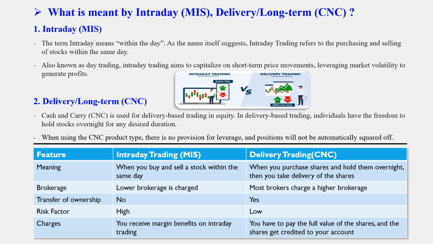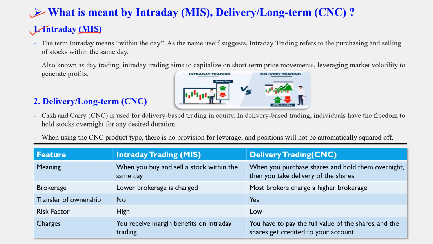So first, what is meant by intraday and delivery, meaning long-term. First let's start with intraday. Intraday is also called MIS. MIS means margin intraday square off. So let's start with the definition.